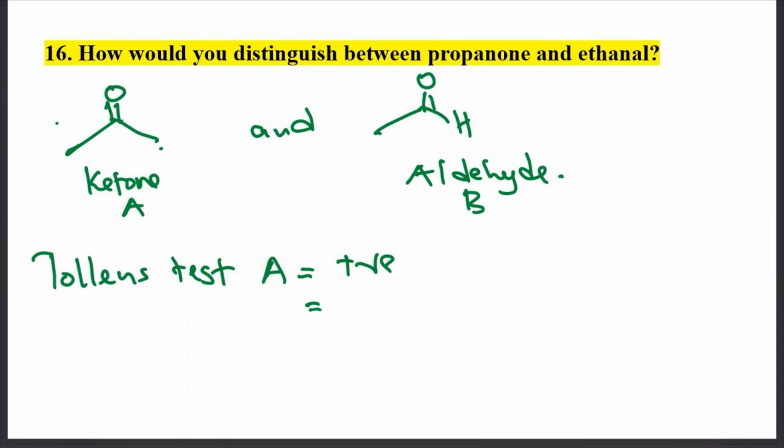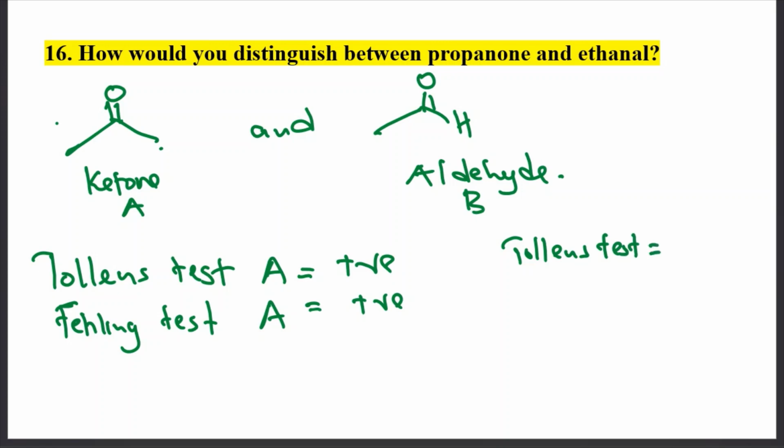But the Fehling's test for A would also be positive. But then for B, the Tollens test for B will be negative. Because it is an aldehyde, Tollens tests are only positive for ketones. But the Fehling's test will be positive. That's the way it is. Okay.